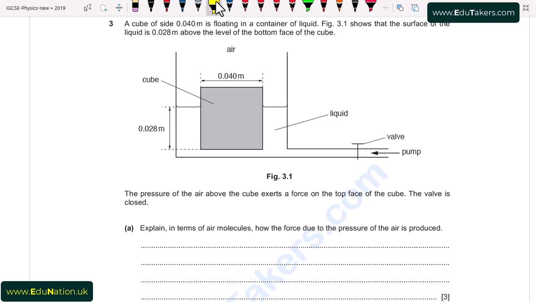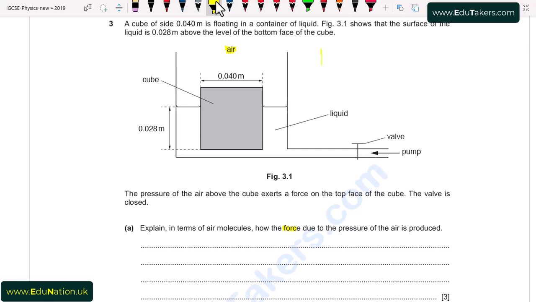Here we have to explain how the force is produced due to the pressure. So here we can see in figure 3.1 that there is a container and there is air that is outside of this system. And we know that there are a large number of molecules, that is, air molecules.